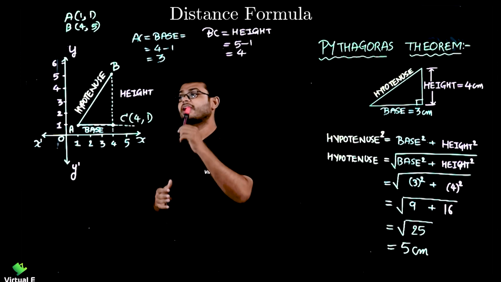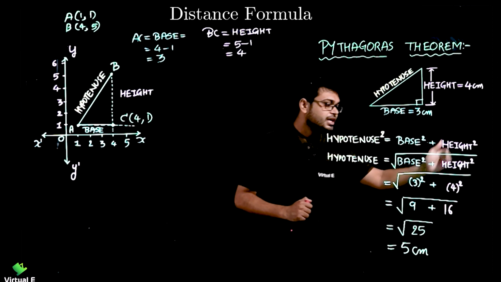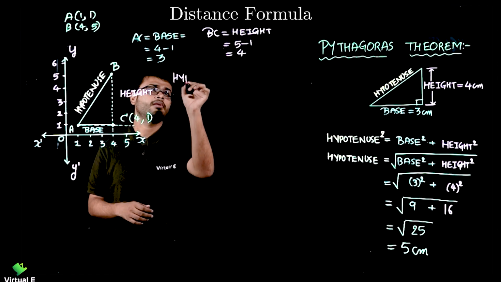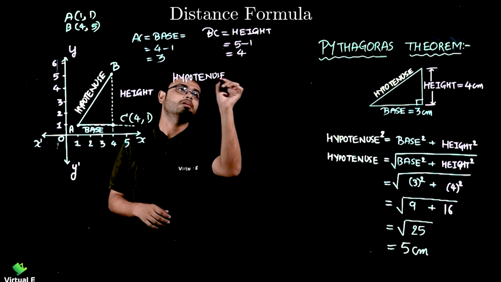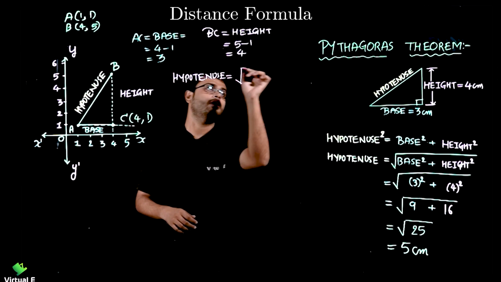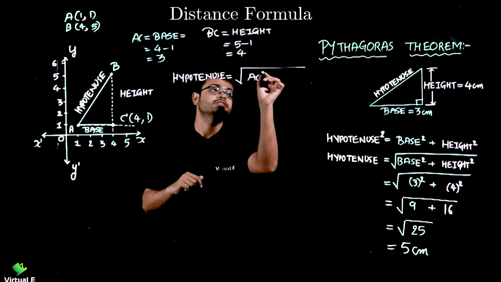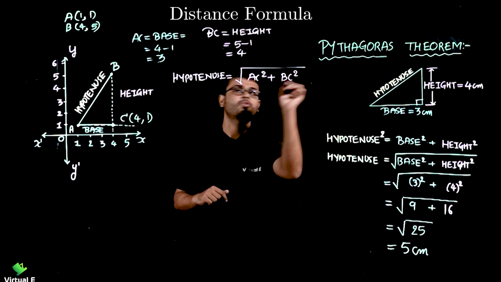If I want to find the hypotenuse, I will use the same formula, base square plus height square. Let's write. Hypotenuse is equal to the square root of base, which is AC, square, plus height, which is BC, square.